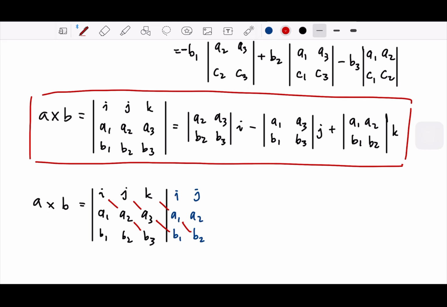Okay, multiply I, A2, B3, and plus J, A3, B1, and plus K, A1, B2. That's one section. The other section, we are going to minus and then multiply the other way around.